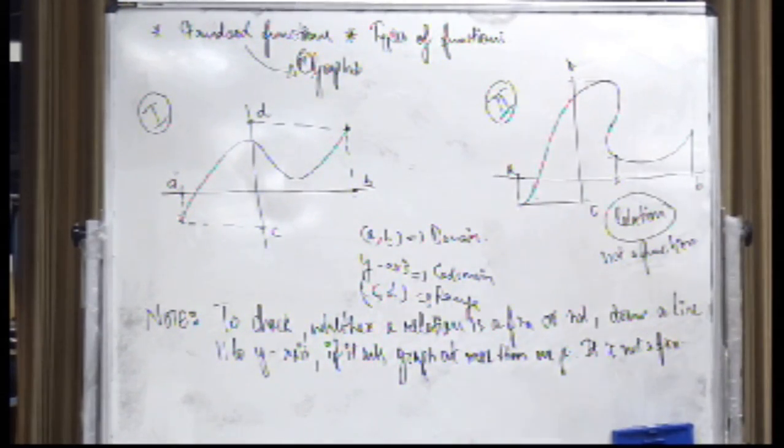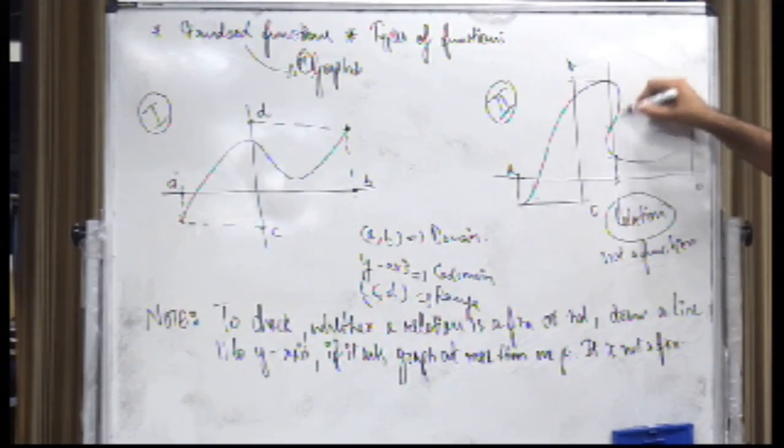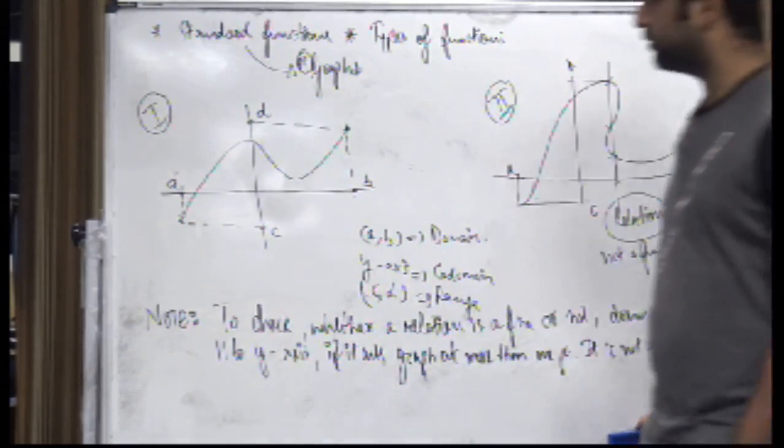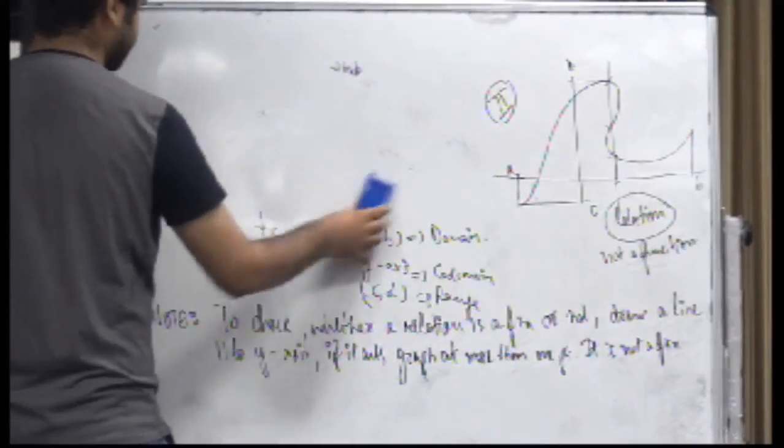So if you draw all such lines, you saw over here that it is getting three different points. So if it is getting more than one point, it is not a function. It's just a relation.